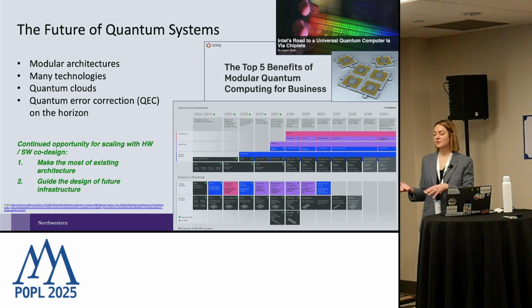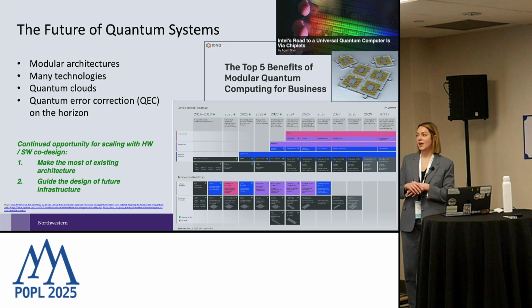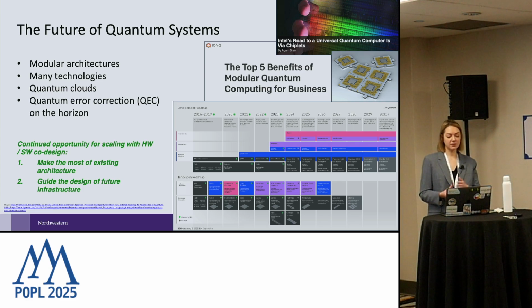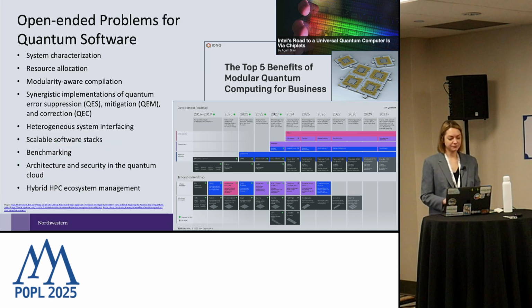But this increases the amount of opportunities for quantum software and scaling through these principles of quantum hardware and software co-design. So we can leverage software, just as we've done up to this point in our near-term systems, to make the most of existing hardware. And then we can also develop tools that help guide the future infrastructure that our quantum systems will have.